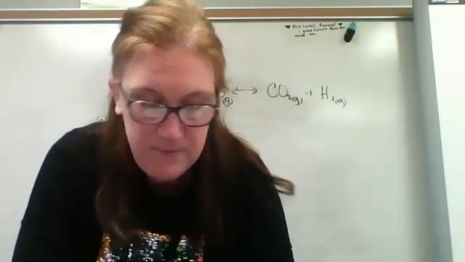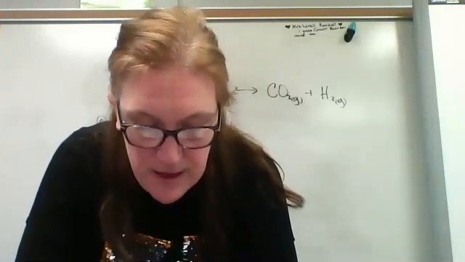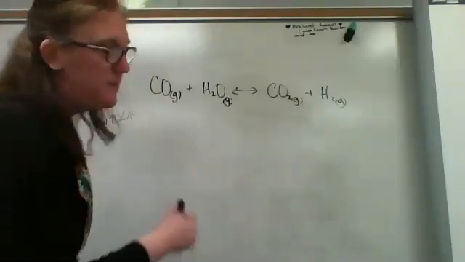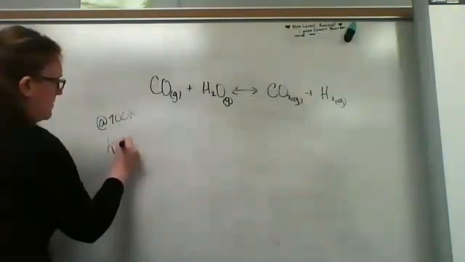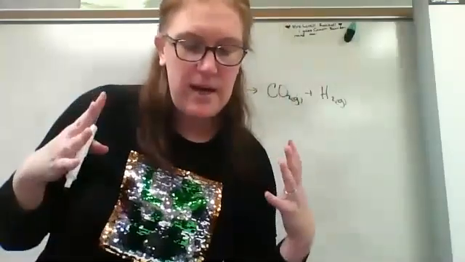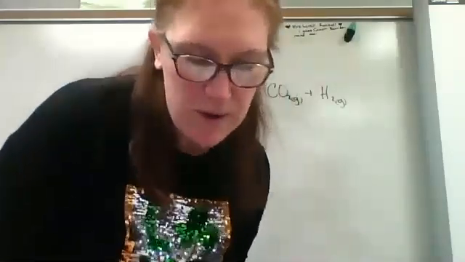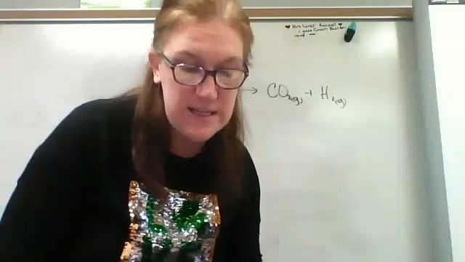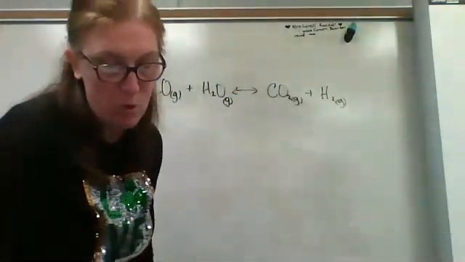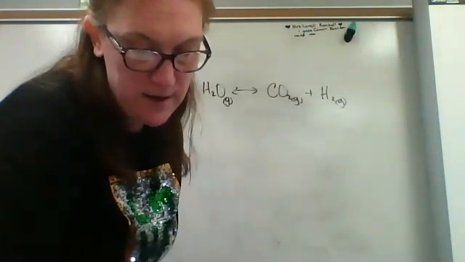But anyways. Okay. So having said that, we know that our KC, our equilibrium constant, for this is 5.10. It says calculate the equilibrium concentration. All of the species have 1 mole of each component.